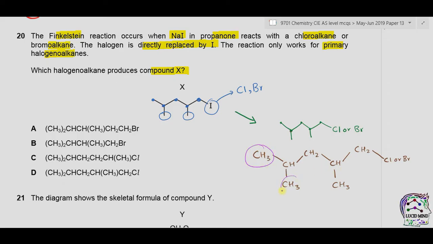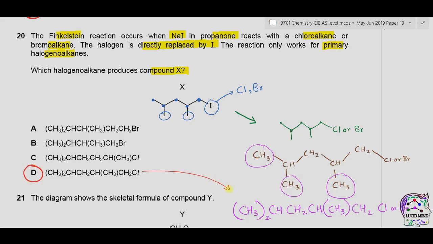We have 2 CH3 with this CH, so we can write CH3 twice, CH, then CH2, then again CH. As this is the substituent, we should put it in brackets, then CH2, then Cl or Br. From the given options we can see that D is similar to the compound that we have formed.